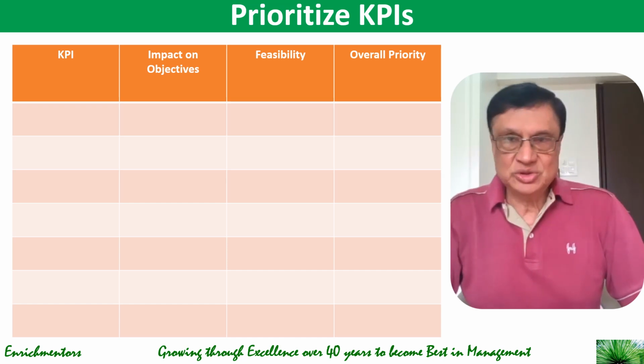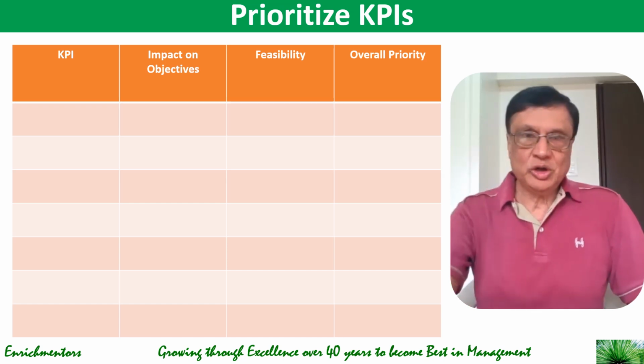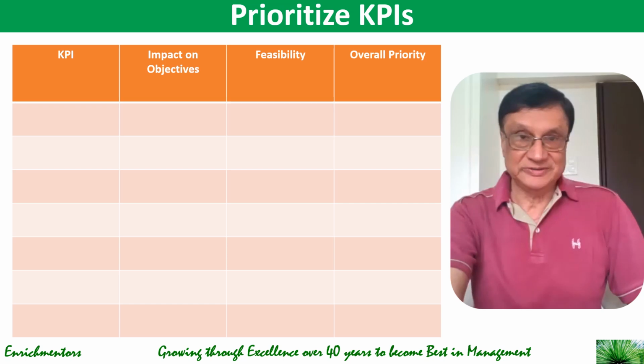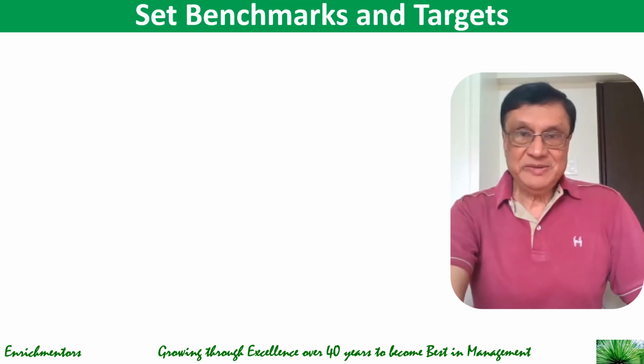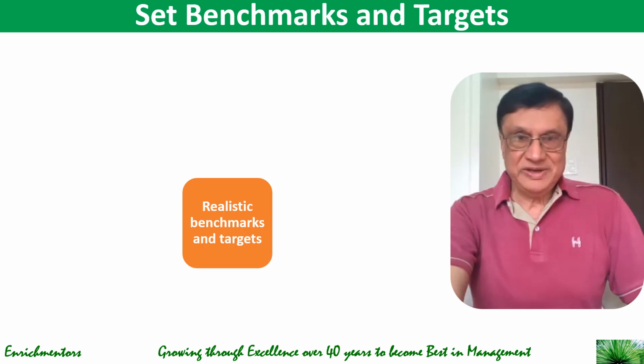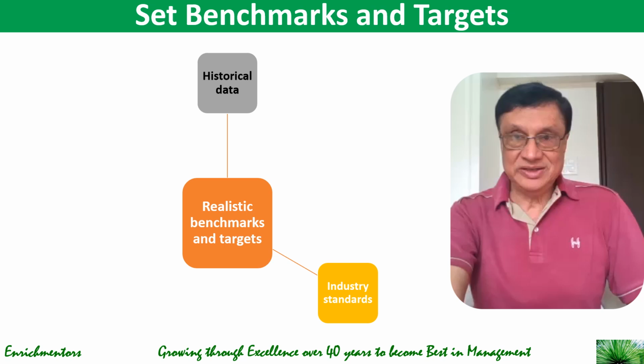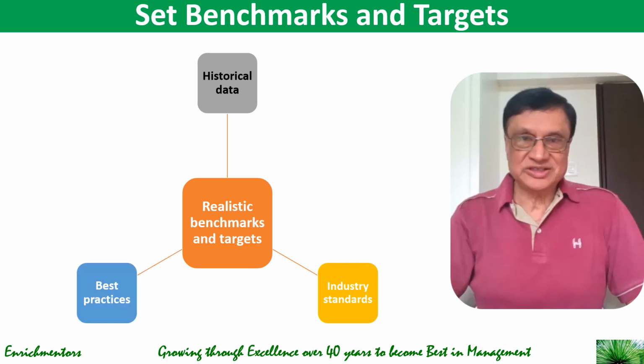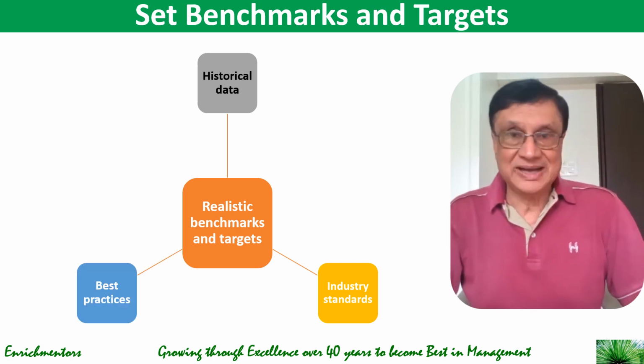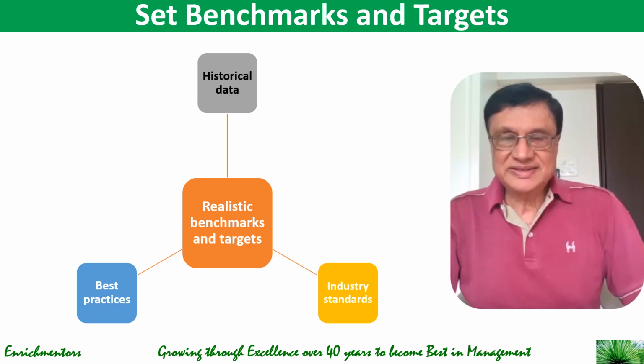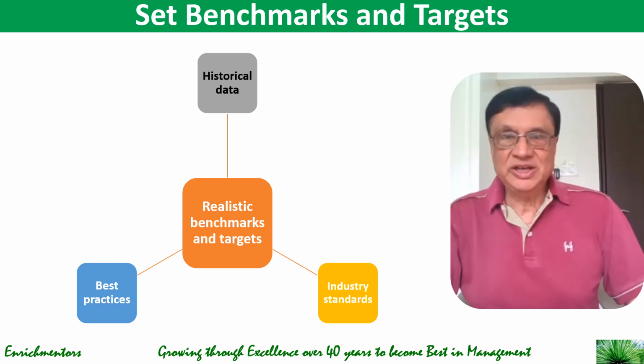And based on these two, you determine an overall priority of these KPIs. Then you set benchmarks and targets for each KPI using historical data. Also, you can compare with industry standards and best practices to ensure that your targets are competitive. Because unless they are competitive, there won't be any use to you.